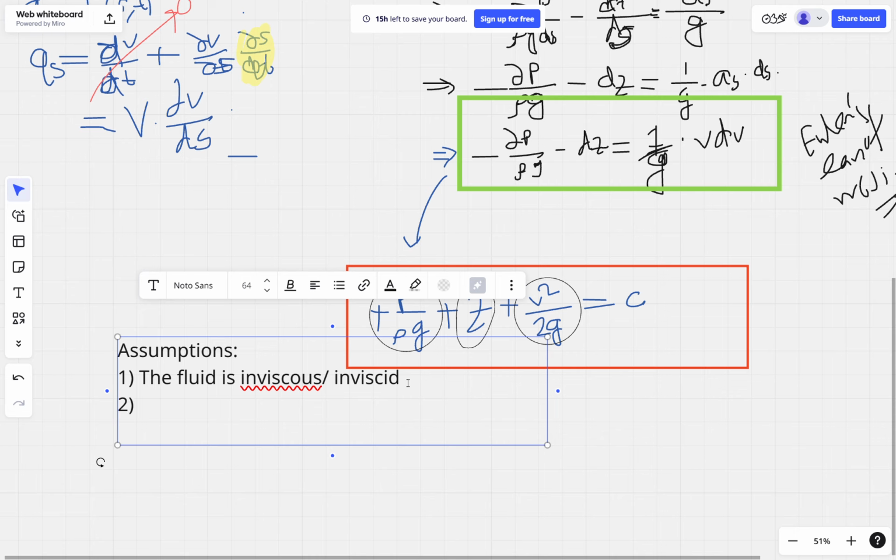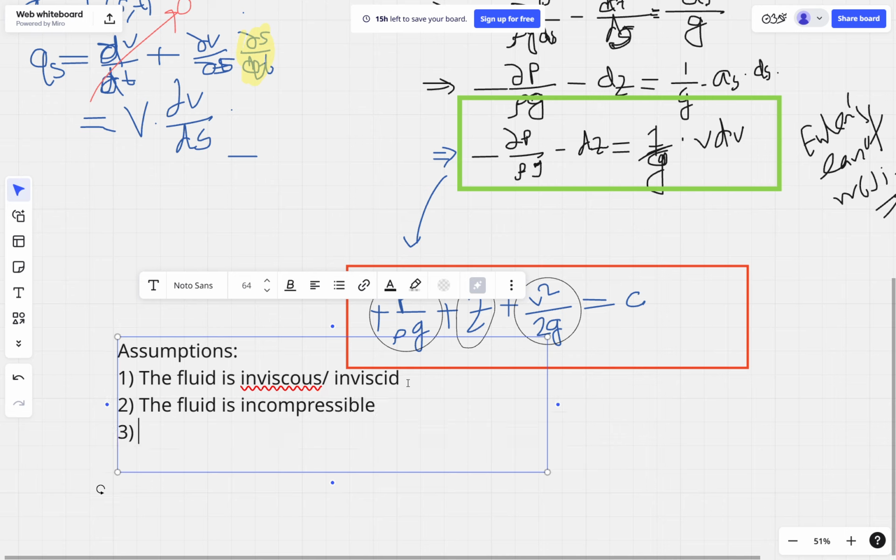Then we assumed that the fluid is incompressible.